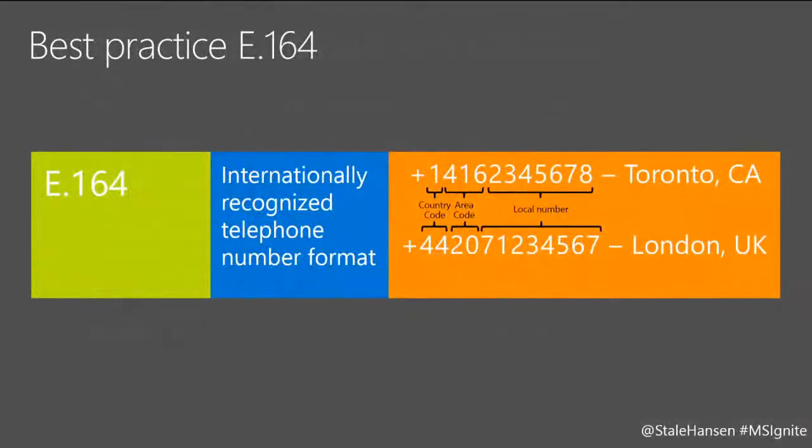I also want to talk about some best practices before we get started here, because the E164 format is the format that Skype for Business and Lync handle phone numbers in. So every other format is something we need to normalize to E164.